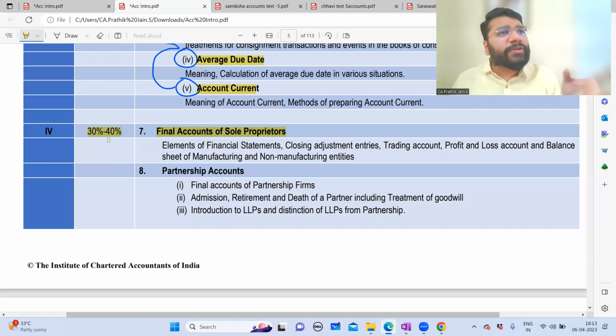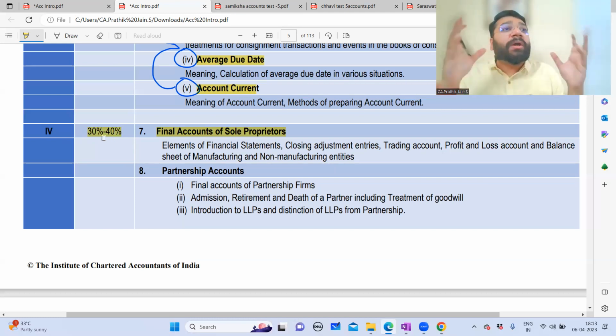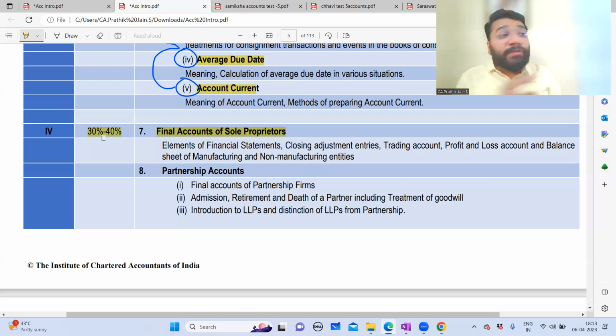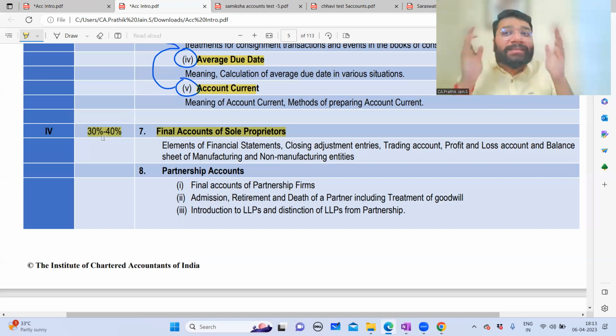When they tell a range of 30-40%, it doesn't mean that a minimum of 30 marks will come. They're telling a range. Sometimes they can ask only a 10-mark question from this, or a 20-mark, 15-mark question. They're just approximately giving a weightage. But when you look at this weightage, don't decide that the chapter which has high weightage I'll study, the others I'll leave. We are not leaving anything. This is only for understanding purpose, to get a feel.